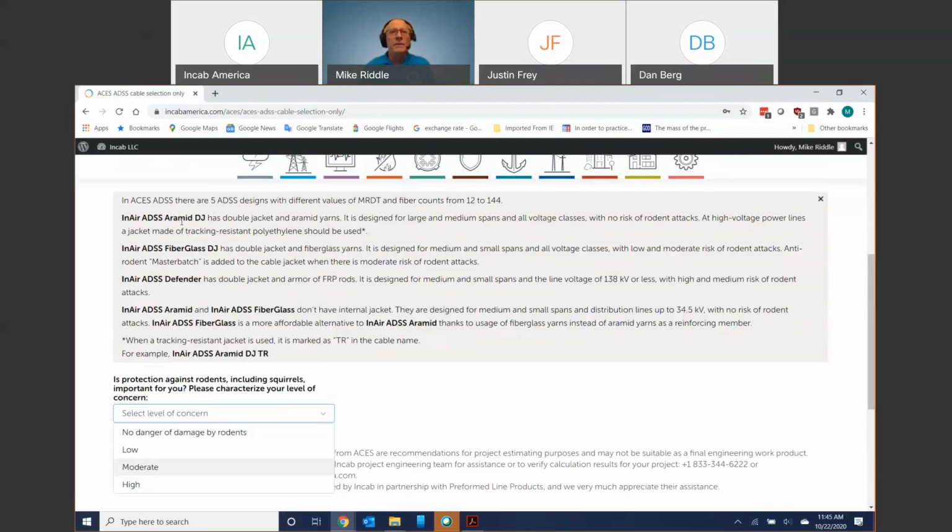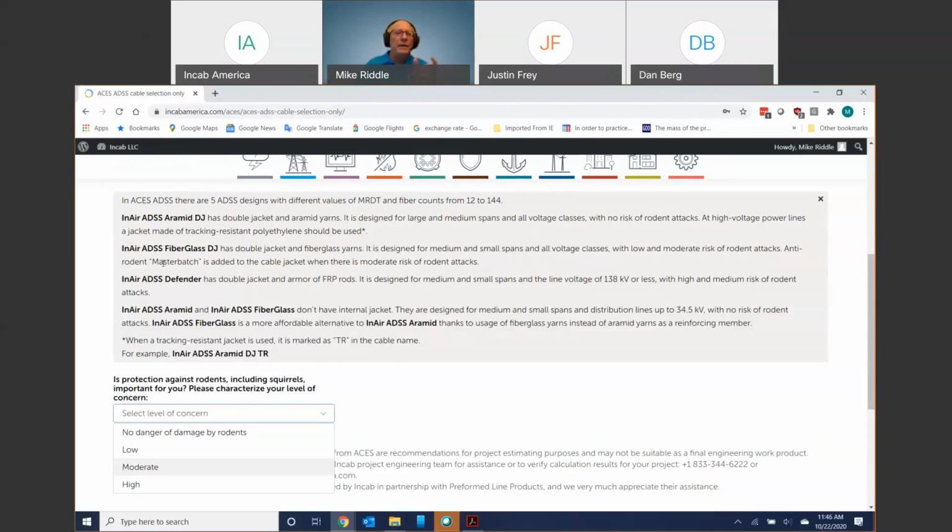It doesn't deter them one little bit. So in that regard, aramid gets an F. In terms of strength and just anything other than rodent resistant, aramid gets a definite A, but rodent resistant, it's an F. Fiberglass gets you a C right off the bat.